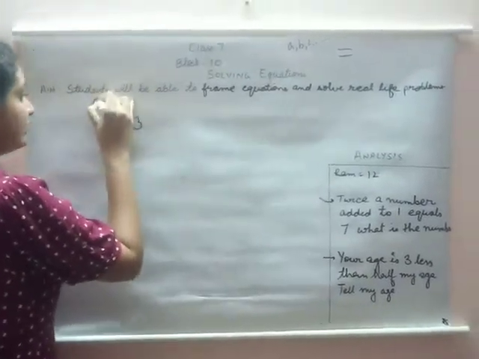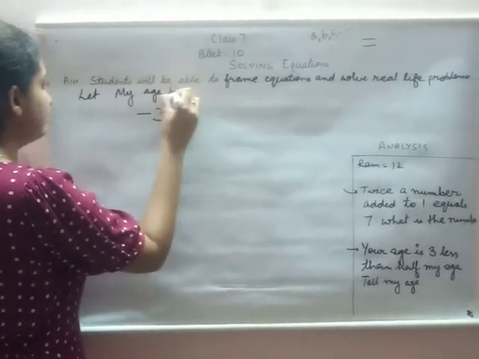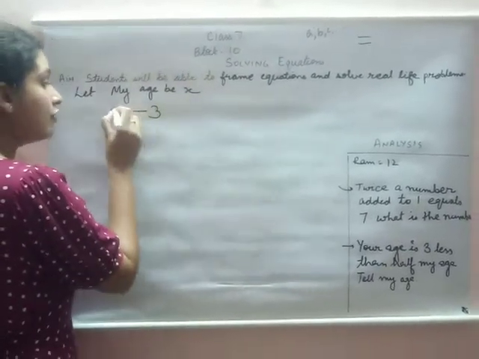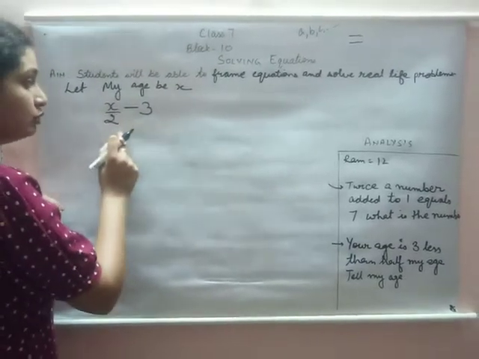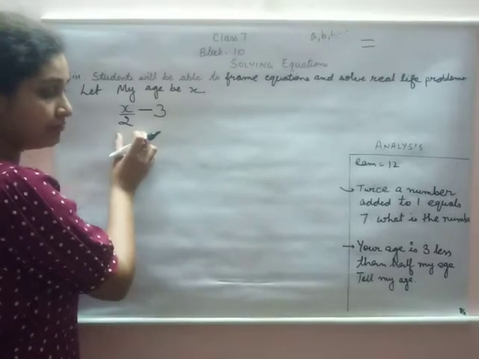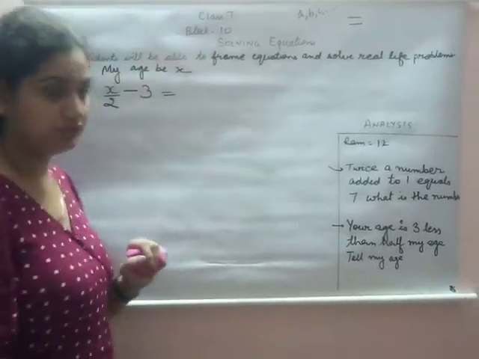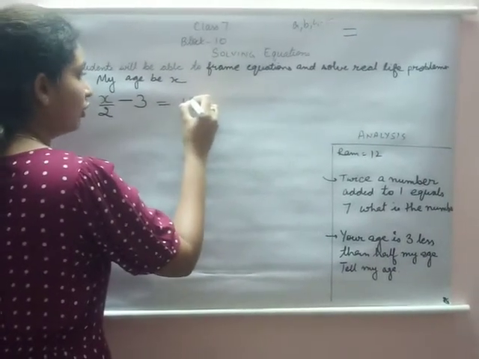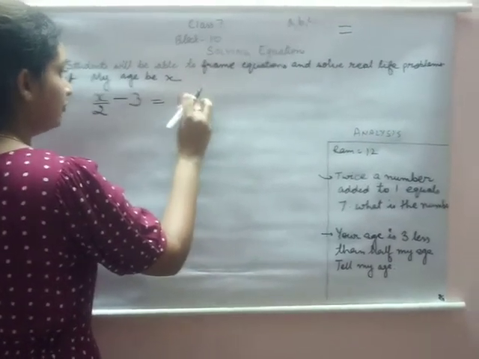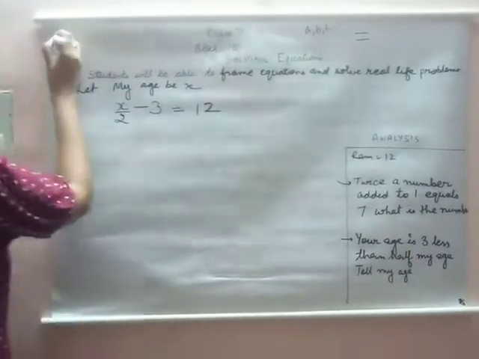Let my age be x. Half of my age will be x by 2. 3 less than half of my age is your age. If your age is, suppose, 12, what will be my age?